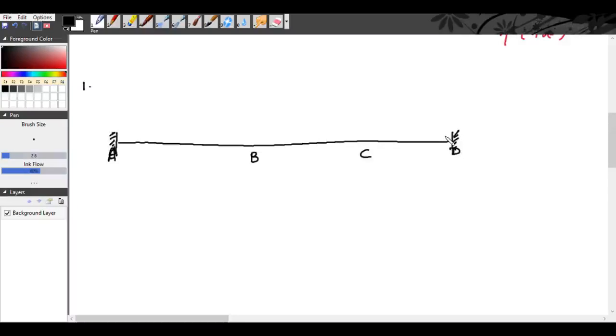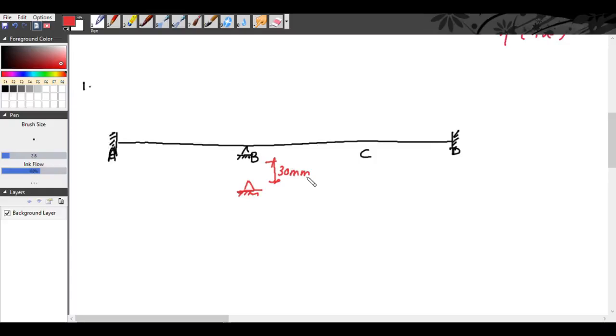Now, calculate the moment induced at the ends if support B settles by 30 mm. So at B you have a simple support and this B is settling by 30 mm. So at B you have a settlement of 30 mm. Now draw the bending moment diagram and the deflected shape of the beam.